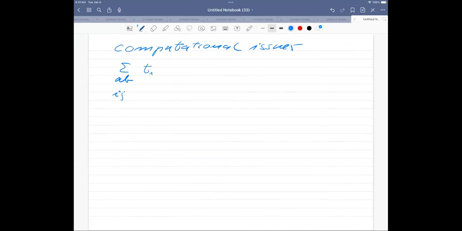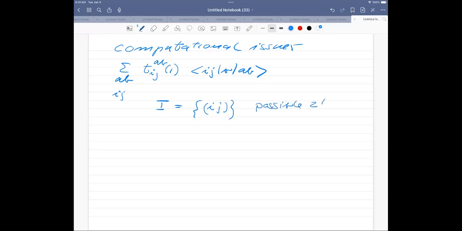So we have this component Tij AB to first order multiplied with the matrix elements V of AB. What I could define now is a quantity I, which indicates the indices I and J. So this refers to possible two-hole configurations.